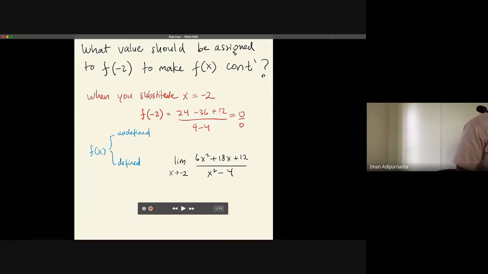So let's try to solve this first. x plus 1, right?